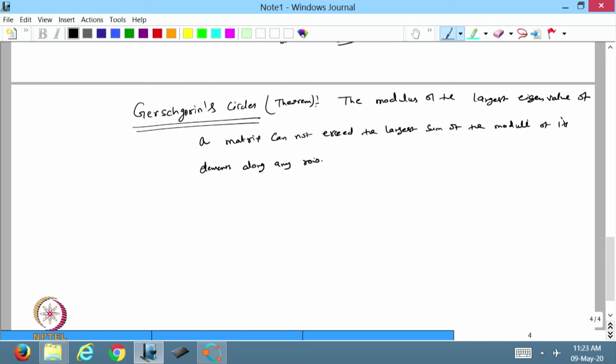So, it says that the modulus of the largest eigenvalue of the matrix cannot exceed the largest sum of the moduli of its elements along any row.